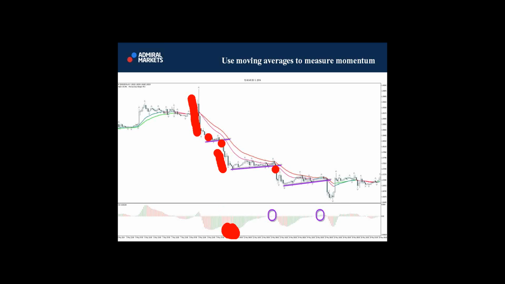So when you break, for instance, here, these support lines that indicate smaller bear flags, you get a classical breakout, and there's a way of capitalizing on the structure of the market and the pips that these setups could be providing.